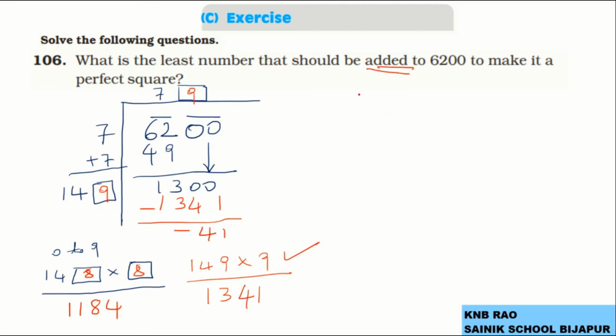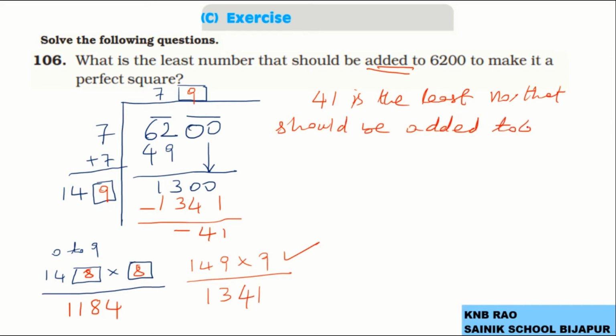So 41 is the least number that should be added to 6,200 to make it a perfect square.